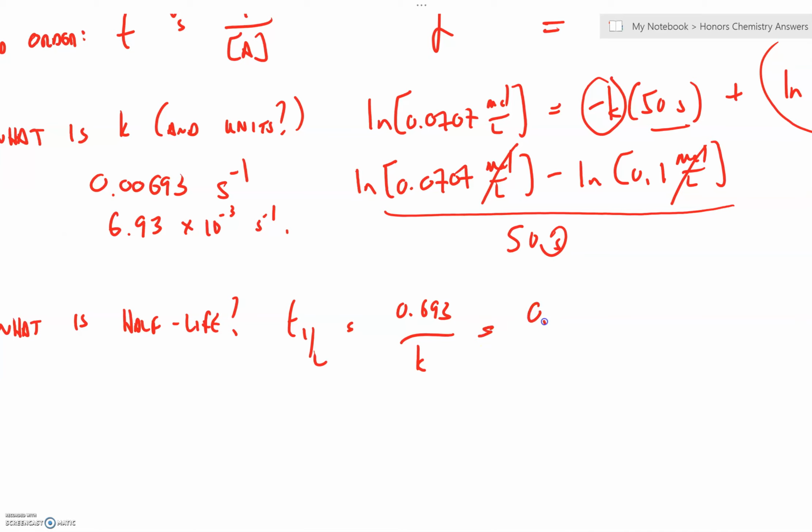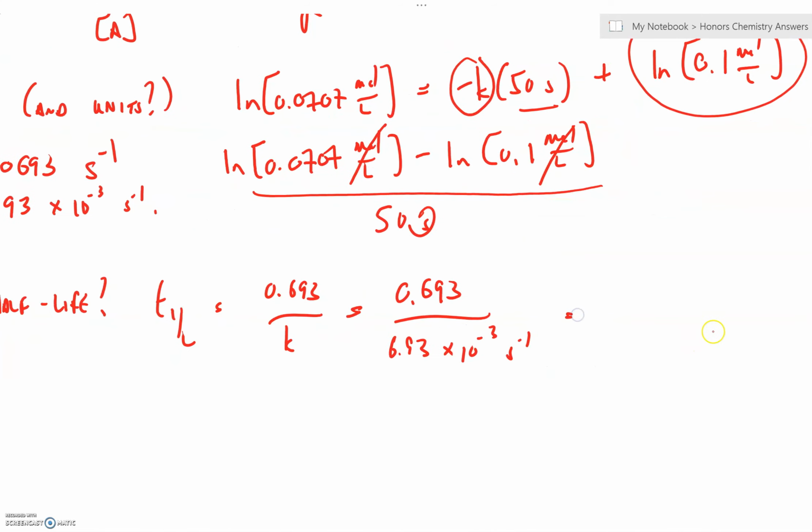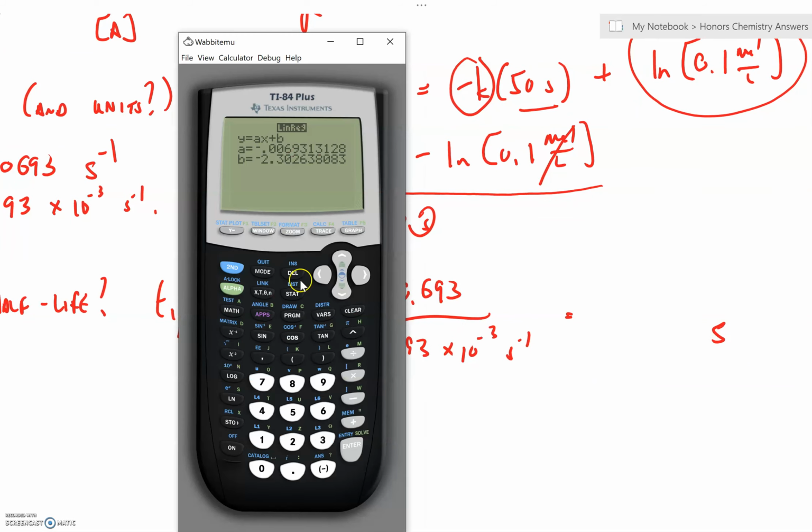So if we want to find half-life, 0.693 over K, which we've already found, 6.93 times 10 to the negative third seconds to the negative 1. And since seconds to the negative 1 is in our denominator, that means our answer for half-life will be in seconds.